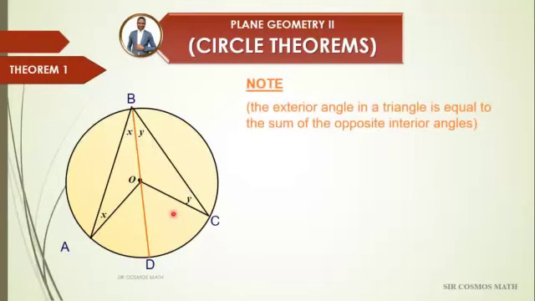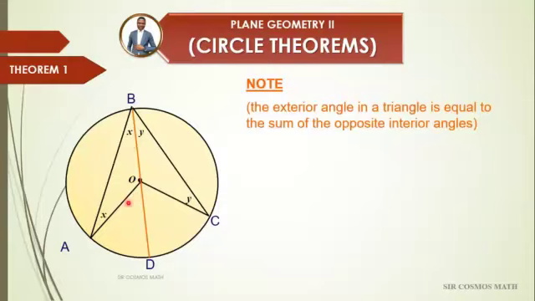Now note this: the external angle in a triangle is equal to the sum of the opposite interior angles. What this property means is that, taking triangle ABD, these are interior angles. X and X are interior angles, and where the cursor is, is the external angle.